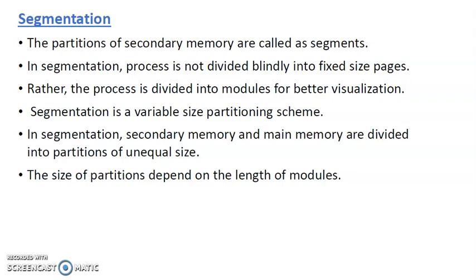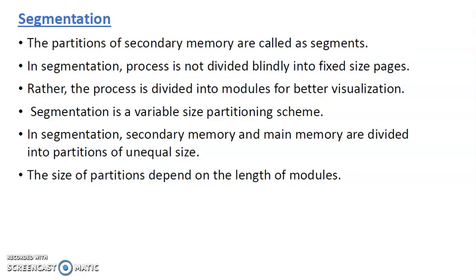In segmentation, the process is not divided blindly into fixed size pages. Segmentation is similar to paging, but pages are physical in nature and hence of fixed size, while segments are the logical division of the program, so they have variable size.